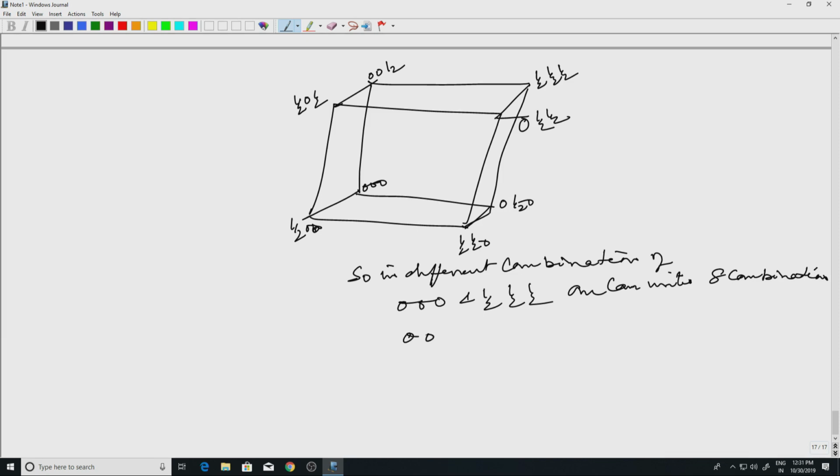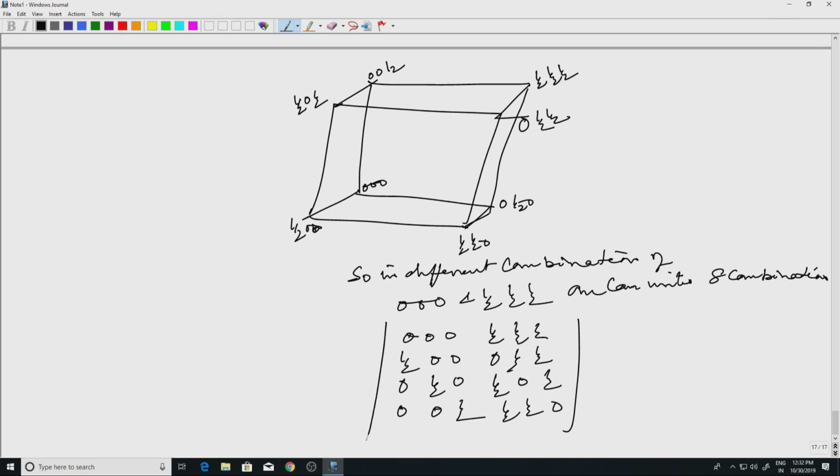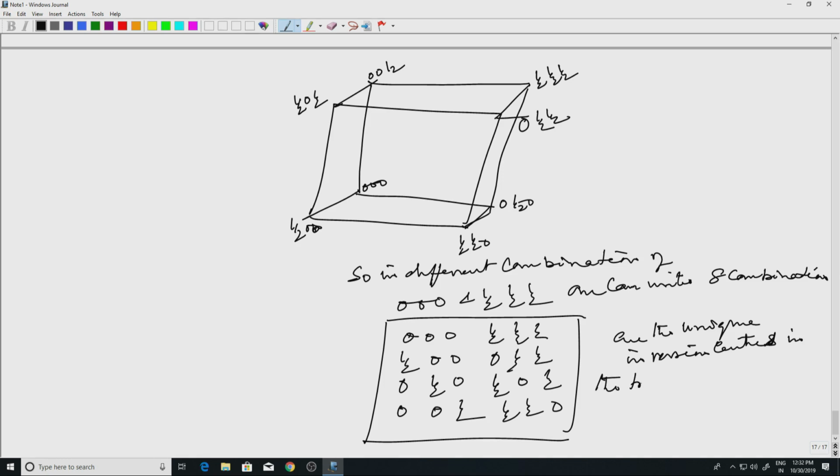That is 0 0 0, half half half, half 0 0, 0 half half, 0 half 0, half 0 half, 0 0 half, half half 0. So these 8 are the unique inversion centers in the triclinic system.